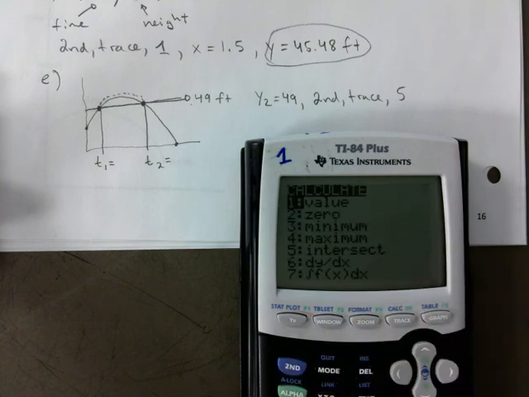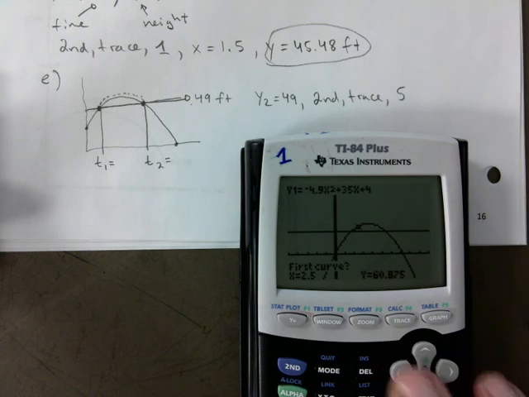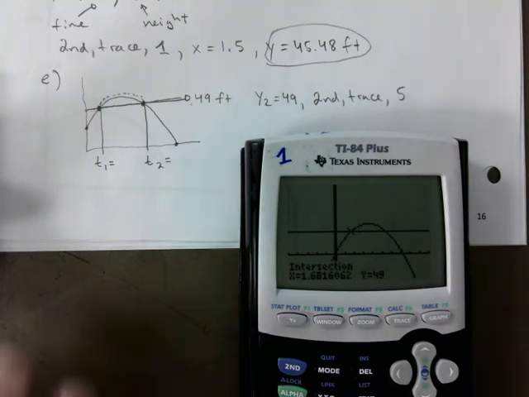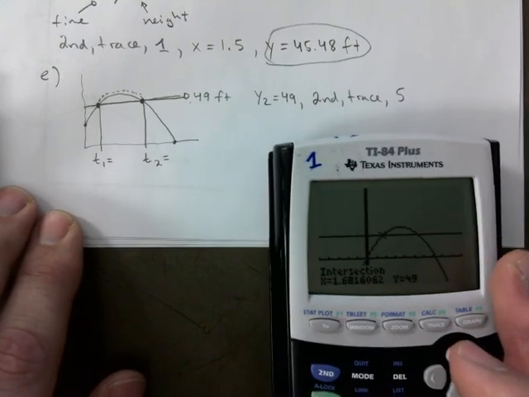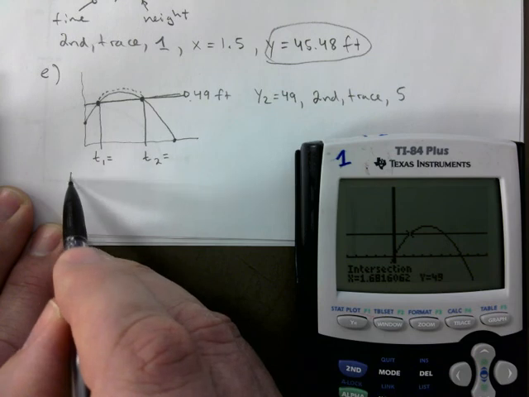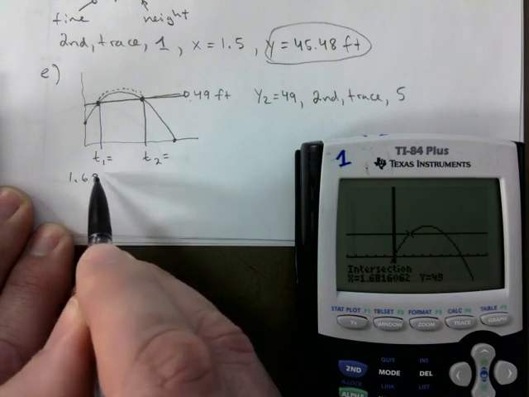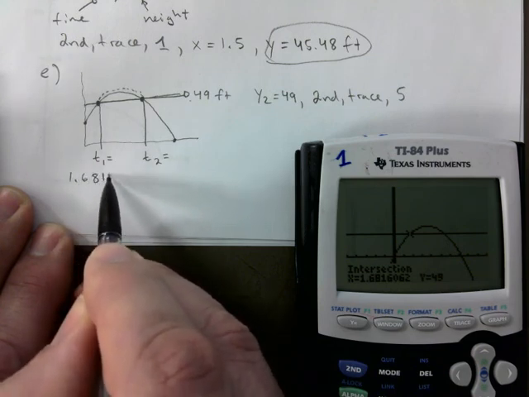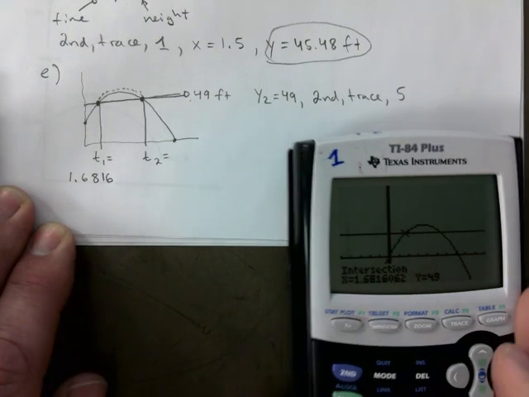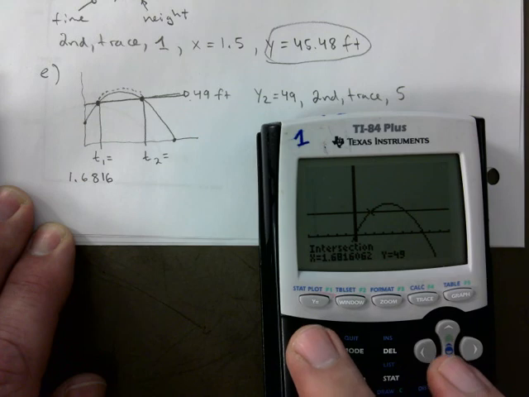Second trace 5. I'm already closest to the left, so I'm going to go enter, enter, enter. And watch this. I'm writing 4 decimals down, otherwise you're going to get a rounding error if you round too soon. So I'm going to write down 1.6816 rounded to 4 decimals. And then I will do this one more time.